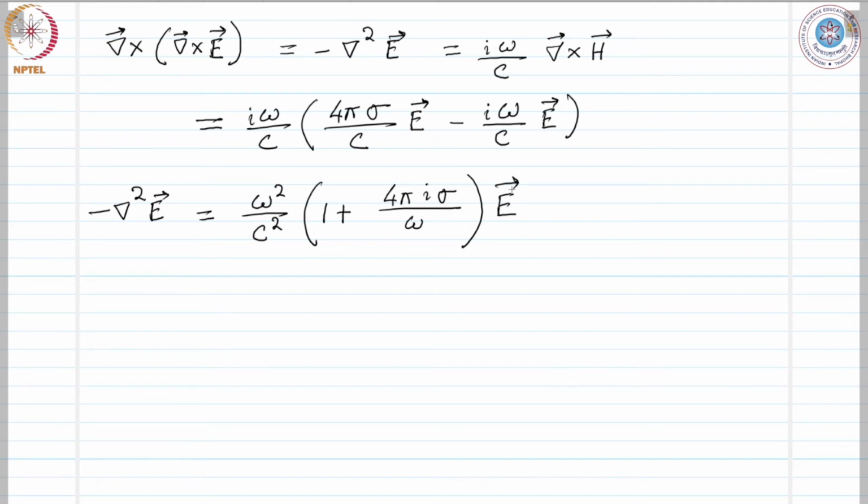The usual wave equation looks pretty similar to this. And if this is similar to the usual wave equation, let's write it in the compact form: minus del square E equals omega squared over C squared epsilon of omega E, where epsilon of omega is the complex dielectric constant.